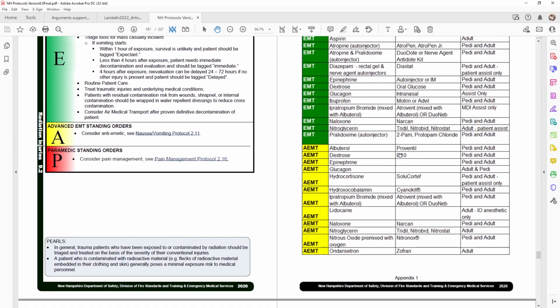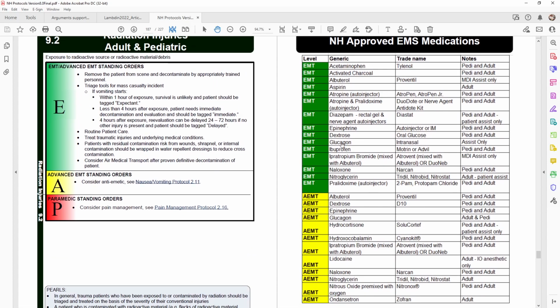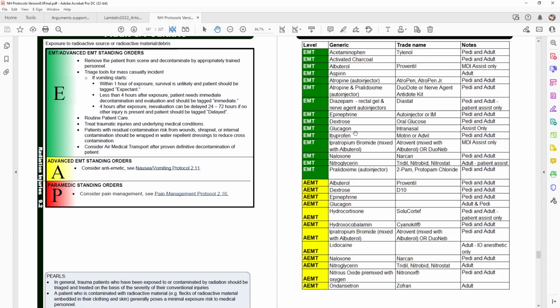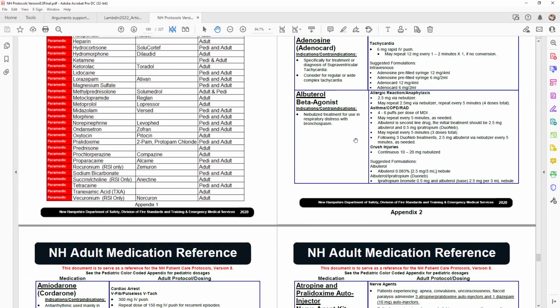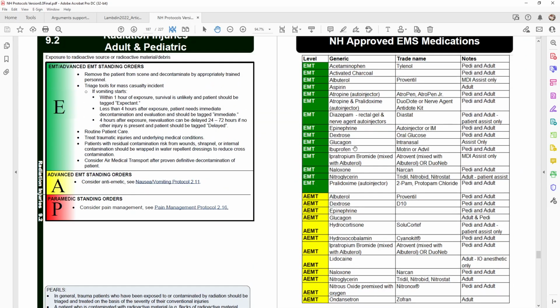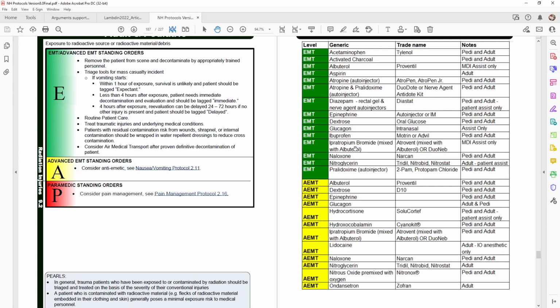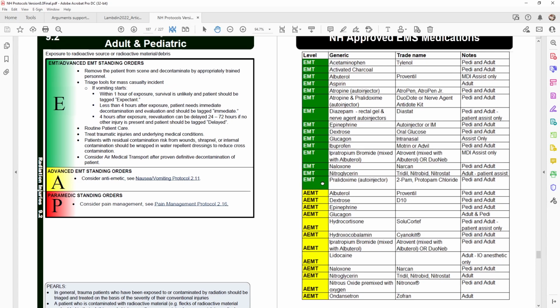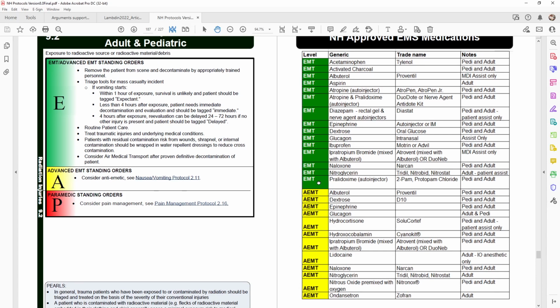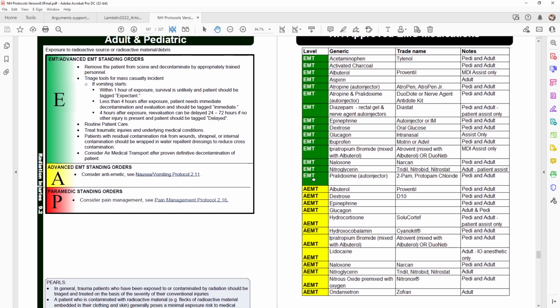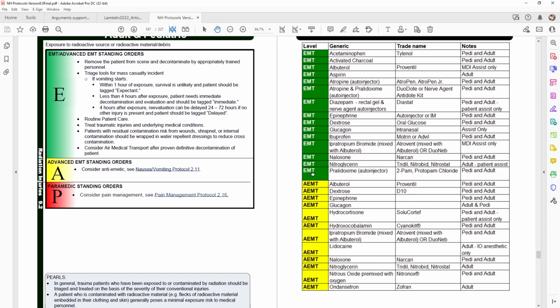So, in the state of New Hampshire, EMR is not mentioned anywhere in the drug reference. So it doesn't say anything about EMR. That could be taken to mean they just didn't cover it because we never expected EMRs to be a part of the EMS system.